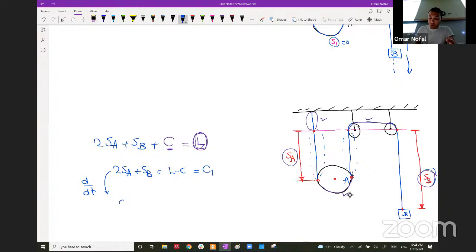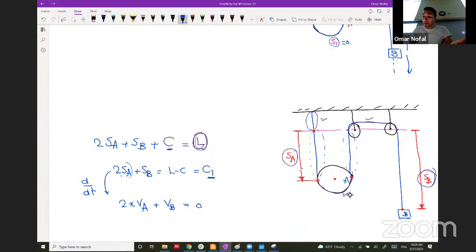So you will have 2 multiplied by the derivative of SA, the time rate of change of the length of this part with time, which will be VA, plus the time derivative of SB, which will be VB. And if you differentiate the constant, it will give you 0. So this is how it works.